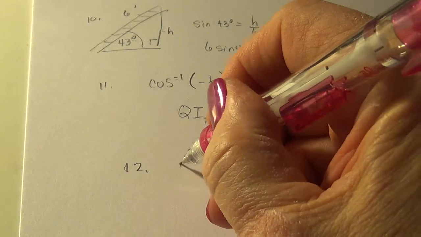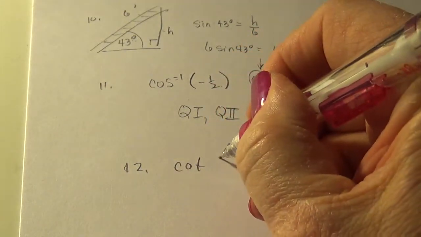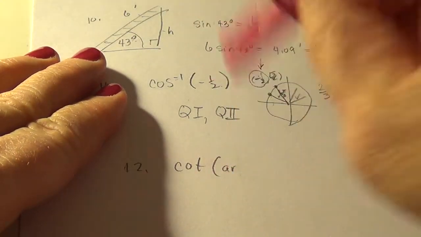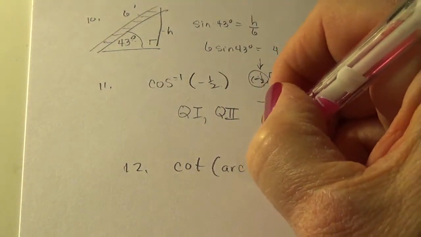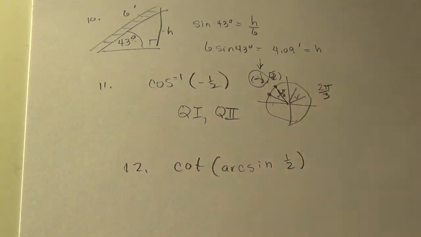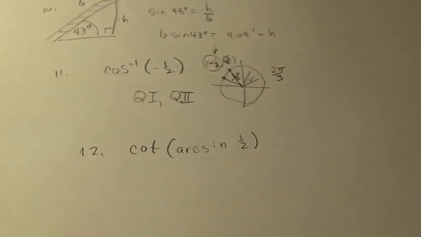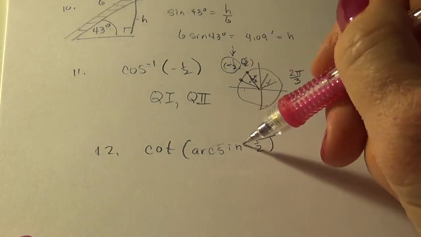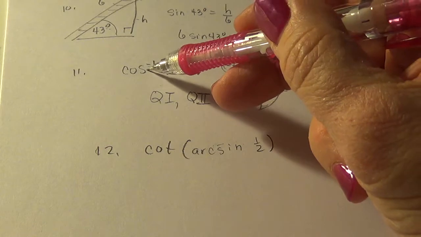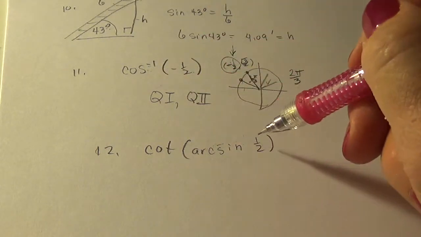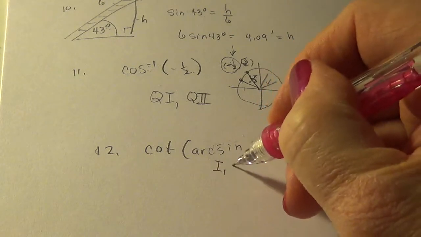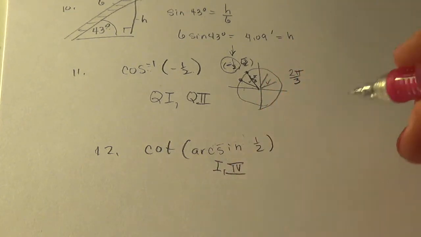Evaluate without a calculator the cotangent of the arc sine of 1/2. All right, so arc sine is another word for saying sine to the negative 1 or sine inverse. I could have called this arc cosine, same thing. In arc sine, we're looking in the first and the fourth quadrants only.